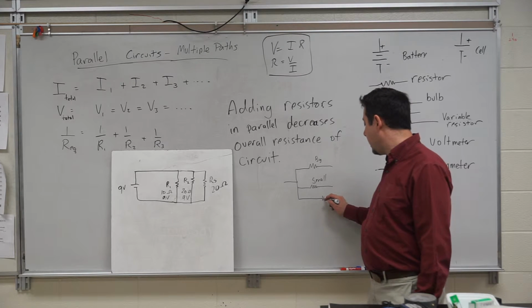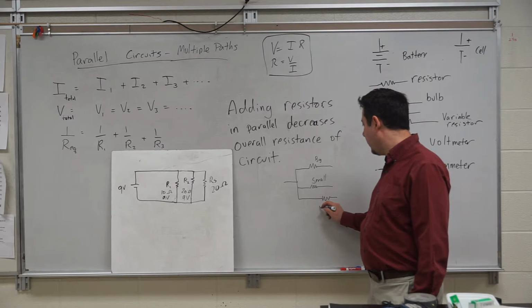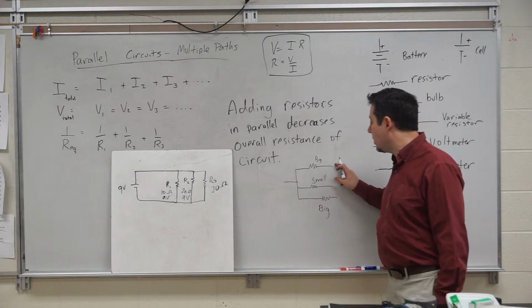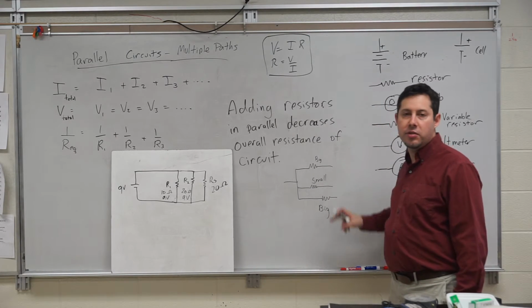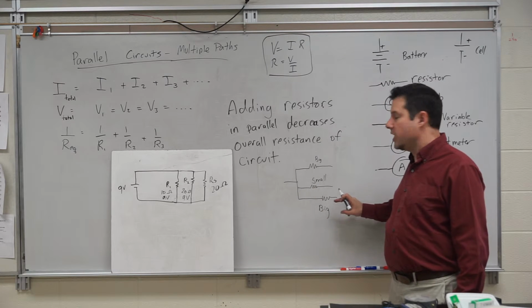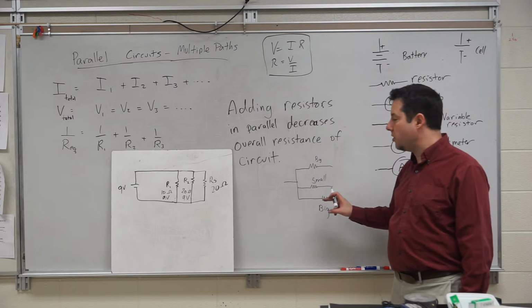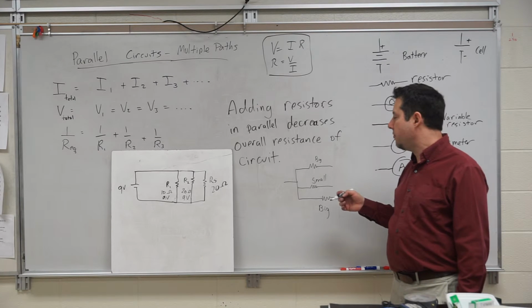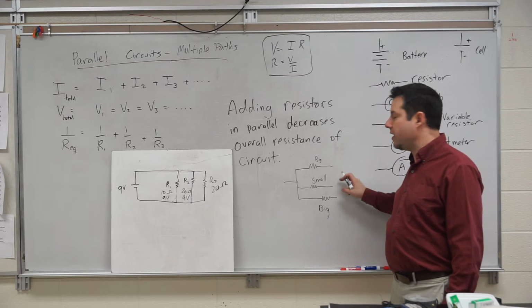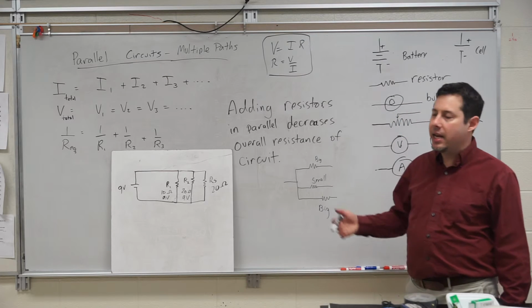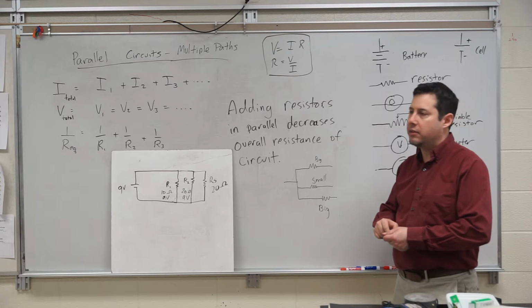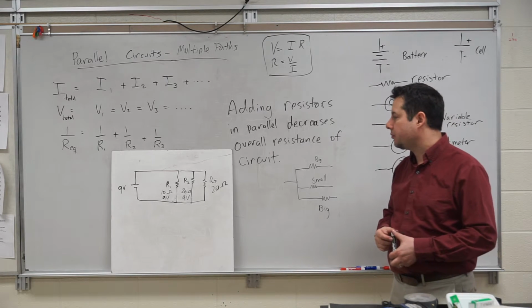And that third cashier might be going very slowly also, and thus have a big resistance. But it's still going to ease the burden on the first two, and it's going to make it easier, even if the person's slow, to get more people through and checked out and paid for their groceries, because you have an extra path to take. So adding paths decreases the resistance, even if some of those paths have a lot of resistance to them.